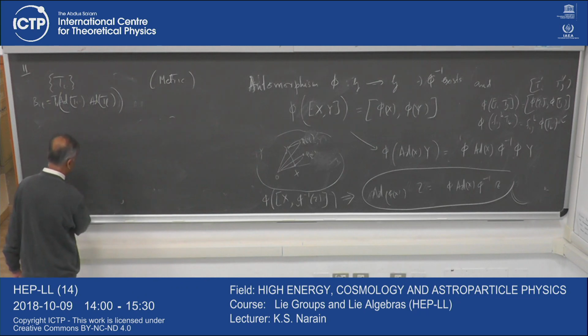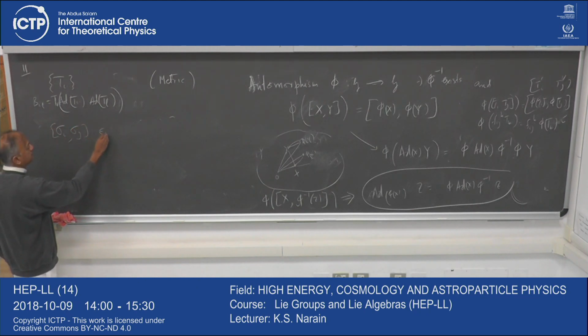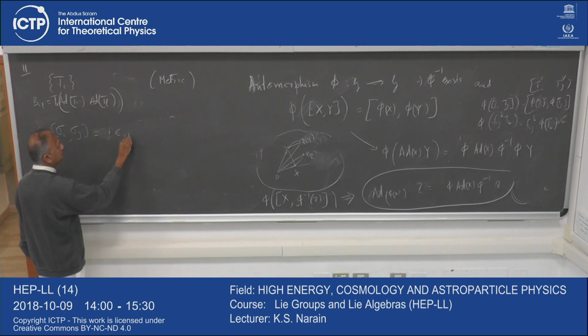SU(2) was basically generated by the sigma i's, the Pauli matrices, and they satisfy the commutation relation [sigma i, sigma j] = 2i epsilon ijk sigma k.